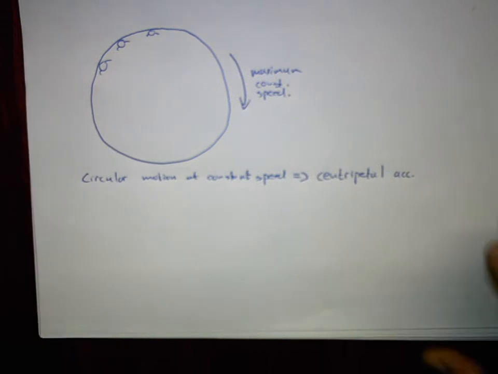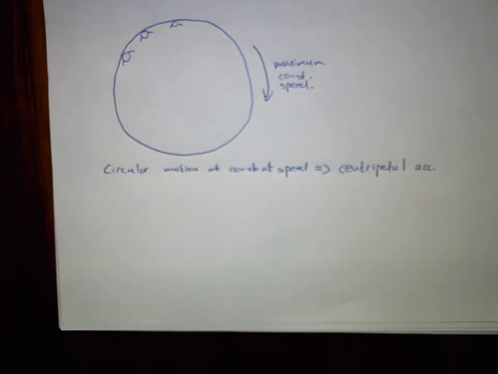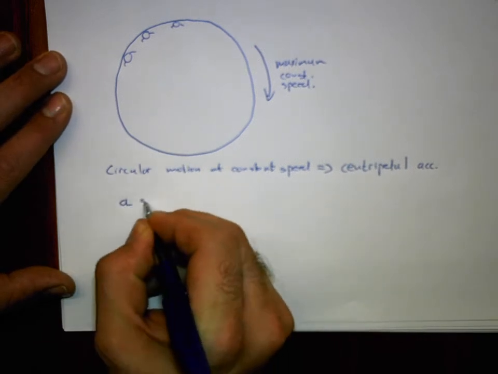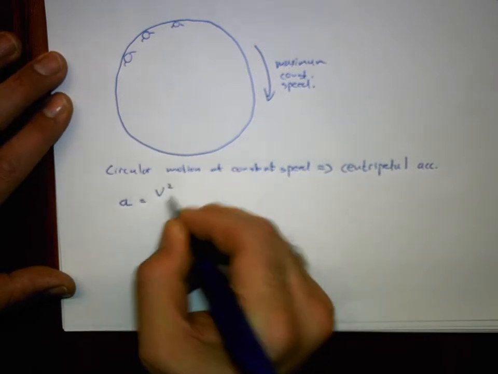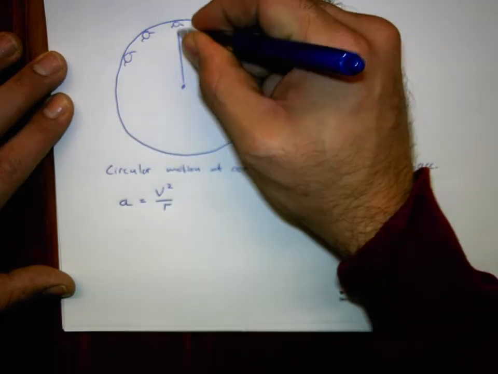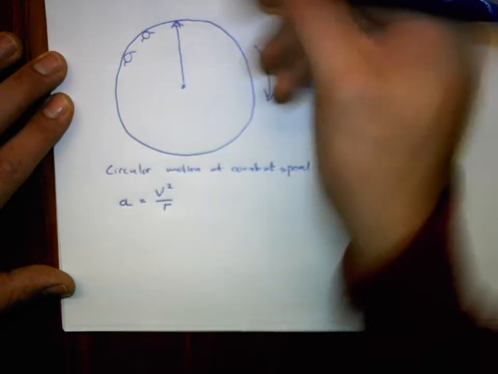And we've already got an expression for the centripetal acceleration. We know the centripetal acceleration is equal to the square of the speed divided by the radius. In this case, the radius will just be the radius of this drum.